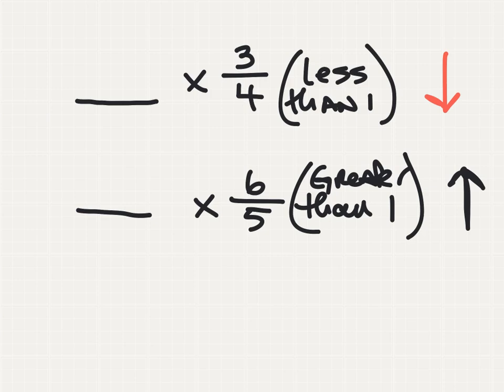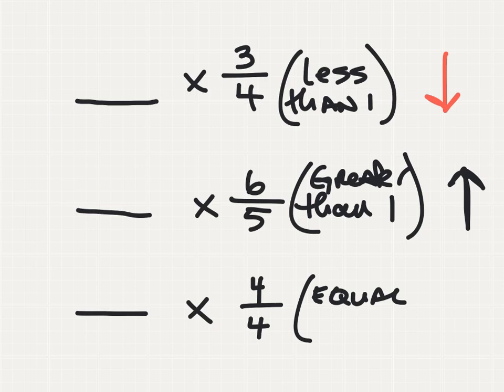The one example we haven't talked about yet, but I think we already know, is when I multiply a quantity by a fraction that is equal to 1. Then my original quantity stays the same. It's equal. My original quantity doesn't change if I multiply it by 1, or by a fraction equal to 1.